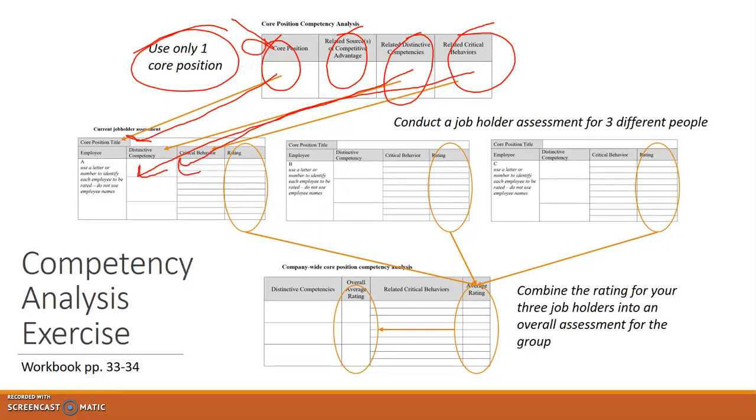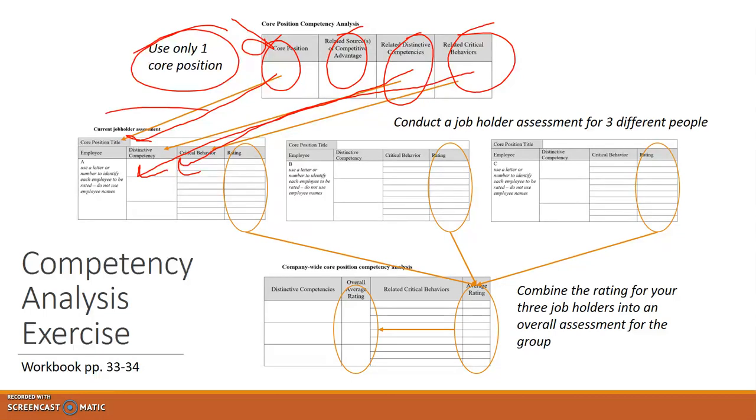And then you're going to rate each person, each job incumbent in this core position, using a rating table or rating scale that is defined in the case study workbook, and we'll show you that in just a minute. You'll rate the individual's performance on each of those behaviors.